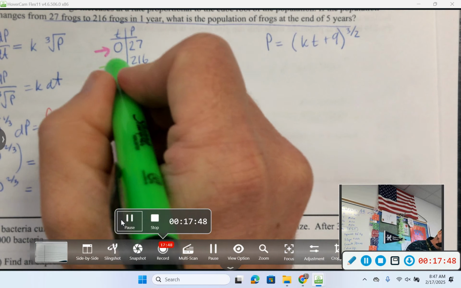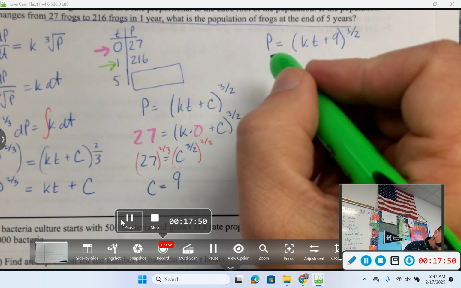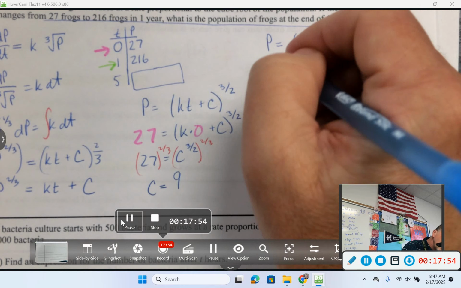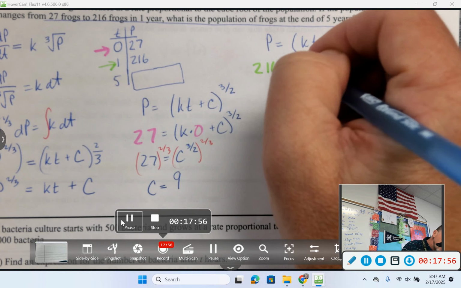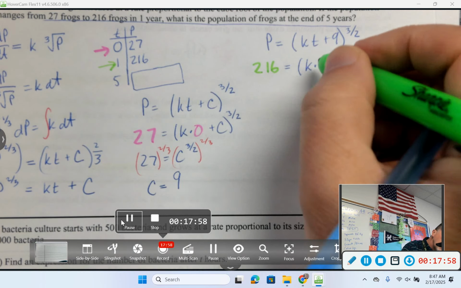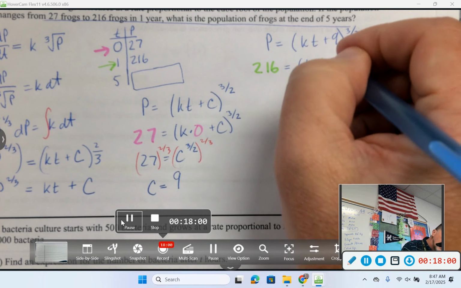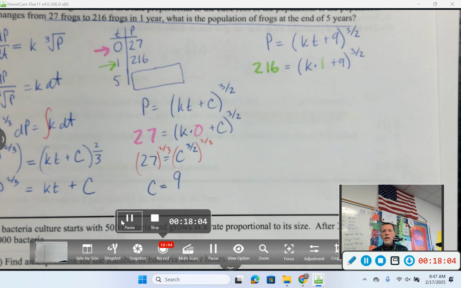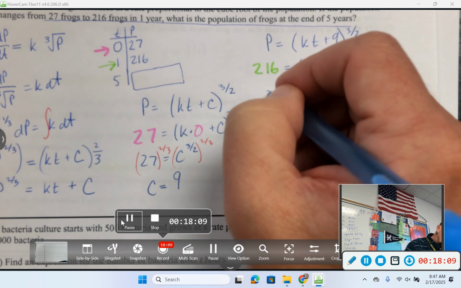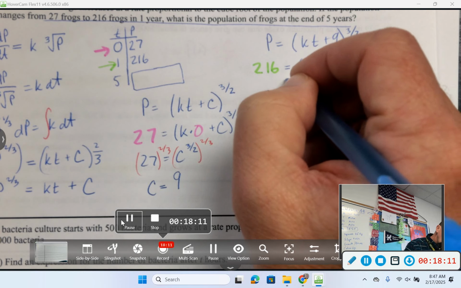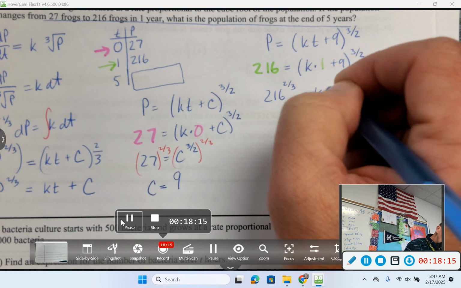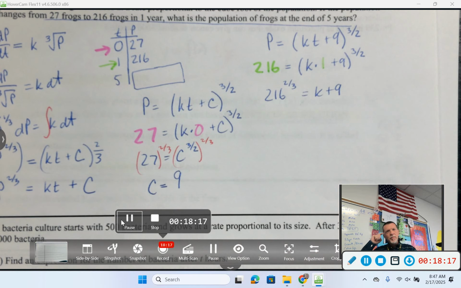Now let's use the other piece, or the other point. 216 frogs at time 1. So 216 to the 2/3 equals K plus 9.